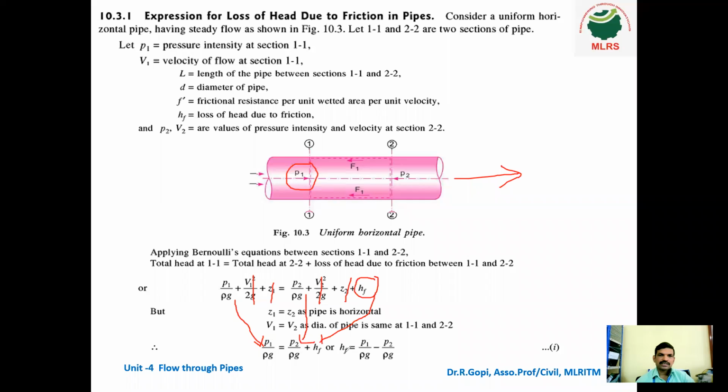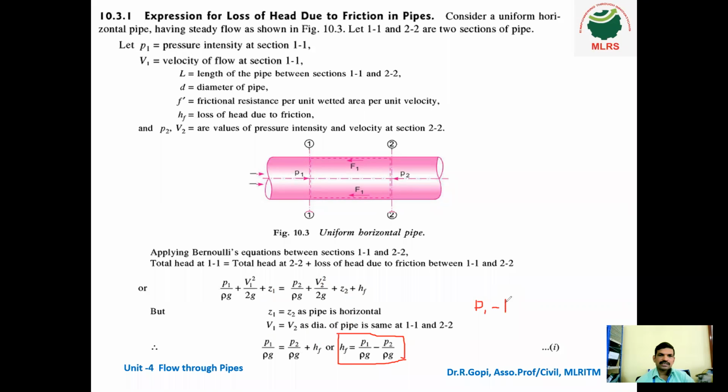Finally we found HF. HF, that means head loss due to friction, equals P1 by rho G minus P2 by rho G. Now tell me, what is P1 minus P2?